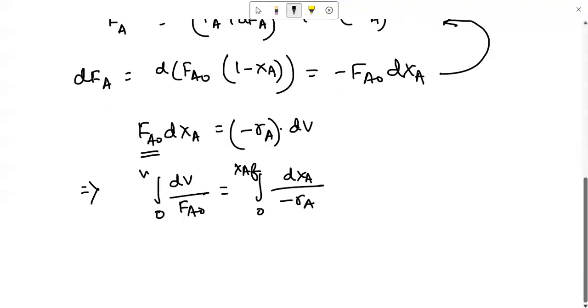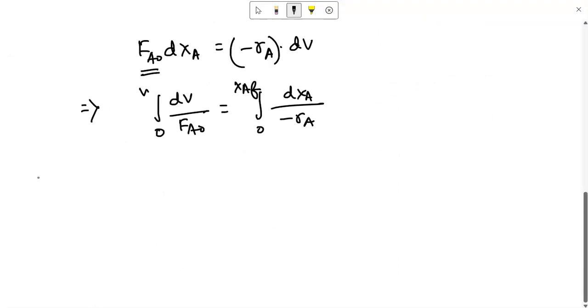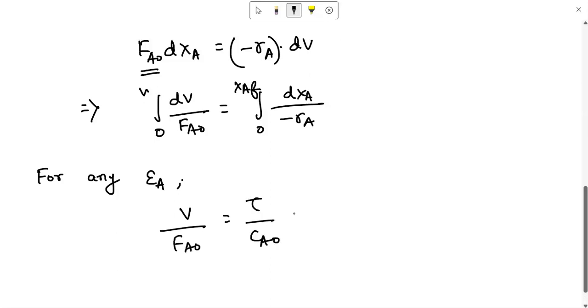If you solve this for any epsilon A, you will get V by FA0 equals tau by CA0 equals the integral from 0 to XAf of dXA by minus rA.